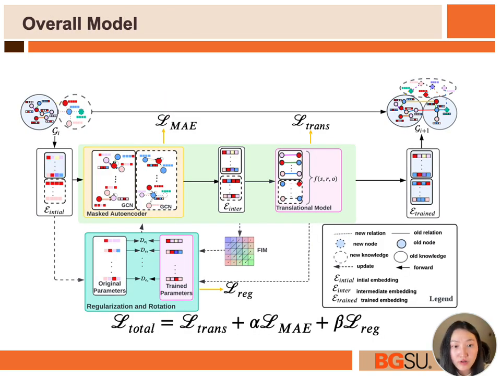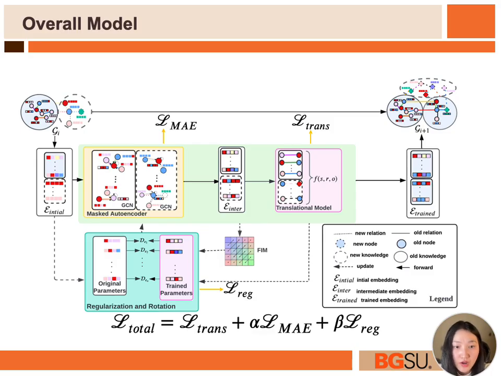This is the model overview. Given a knowledge graph at time i, the initial embeddings, E initial, are processed through a masked autoencoder to produce the intermediate embeddings, E inter. These embeddings are then used in the translational model to make predictions.